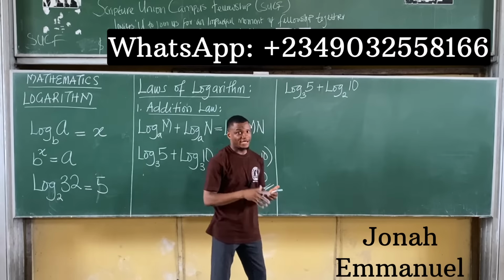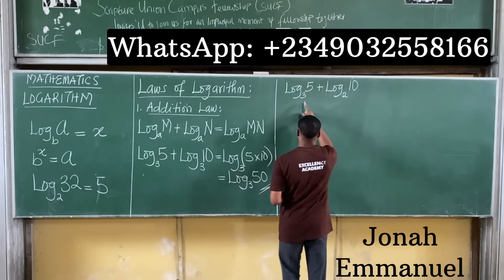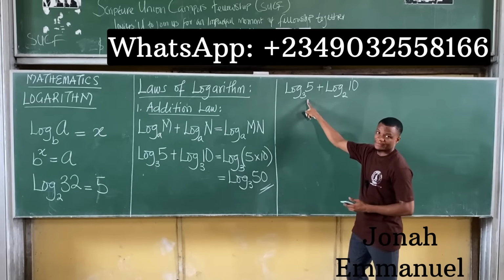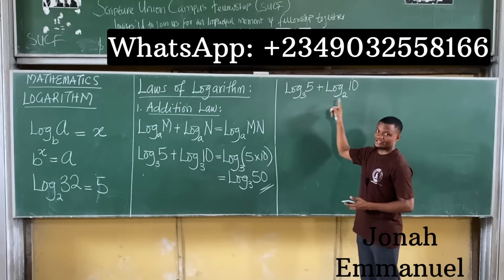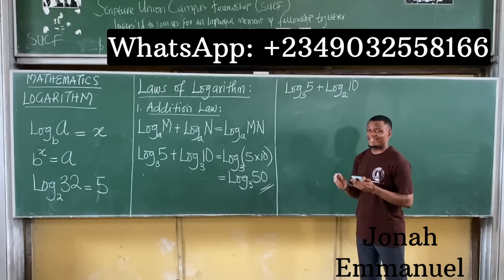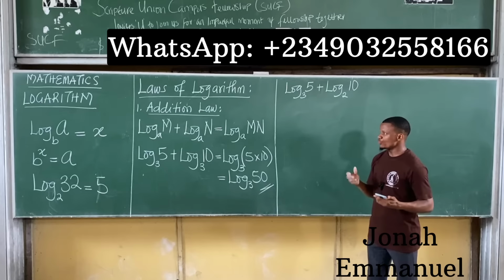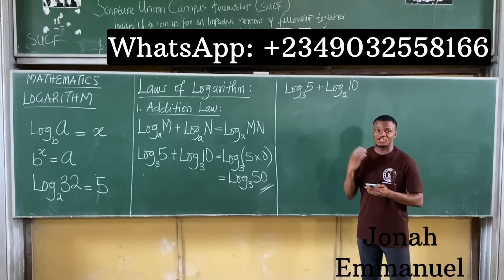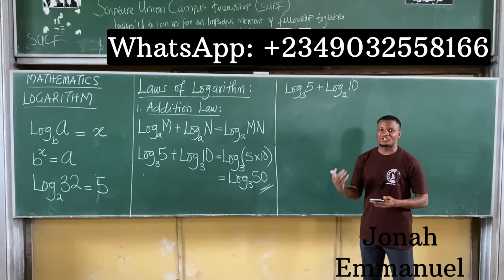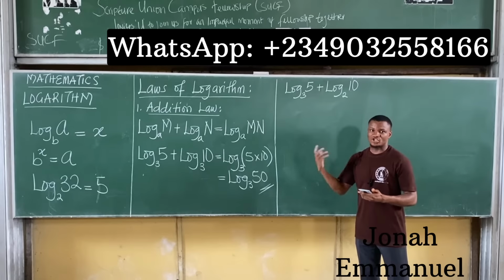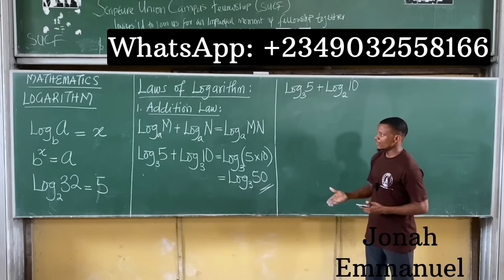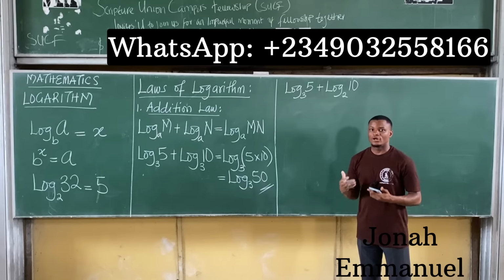That would be wrong, because the bases are not the same. The base here is 3, for this it is 2. So in this case, technically, the addition law would not work, okay? Although we can still change the base. We'll look at the concept of changing the base of a logarithm much more later. For now, let's proceed with the laws of logarithm.